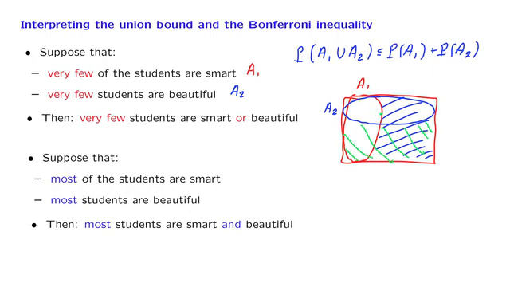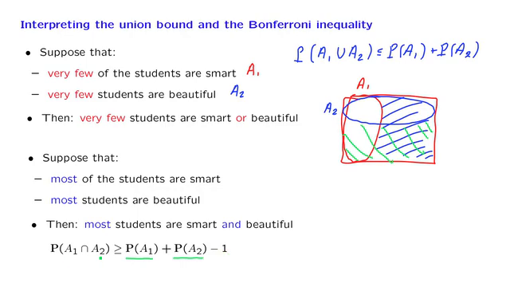How can we turn this into a mathematical statement? It's the following inequality that we will prove shortly. What it says is that the probability of the intersection is larger than or equal to something. And if this probability is close to 1, which says that most of the students are smart, and this probability is close to 1, which says that most students are beautiful, then this difference here is going to be close to 1 plus 1 minus 1, which is 1.